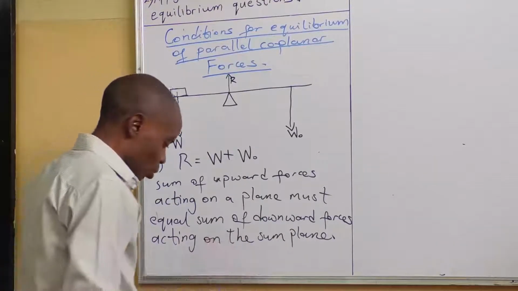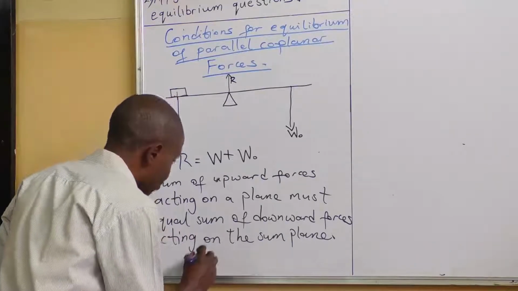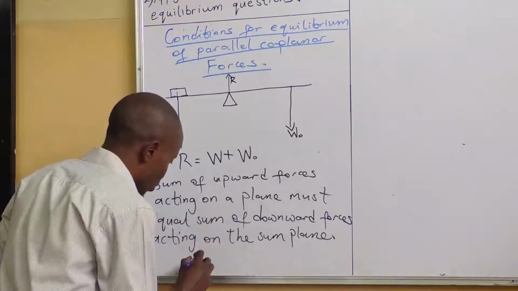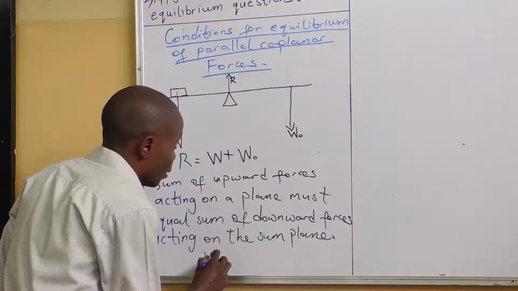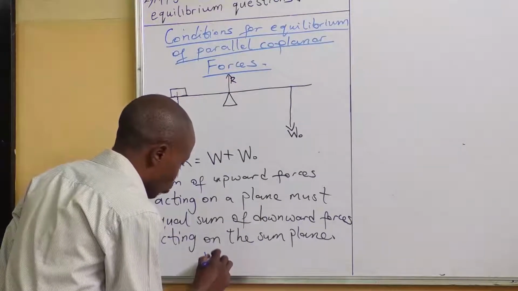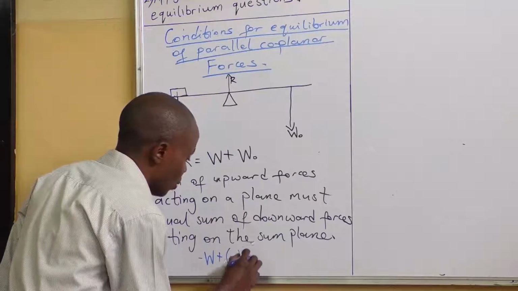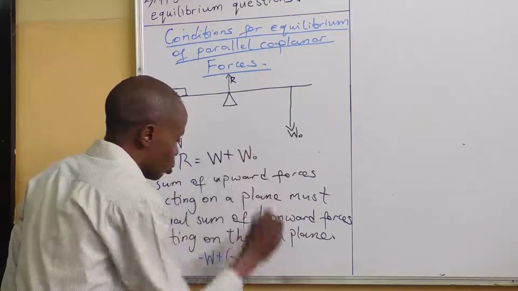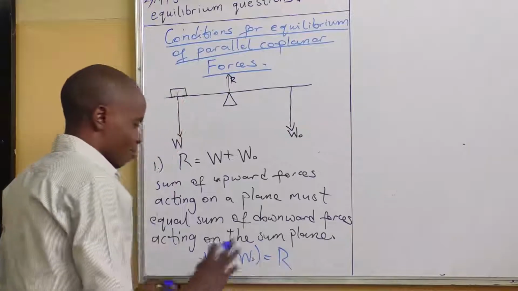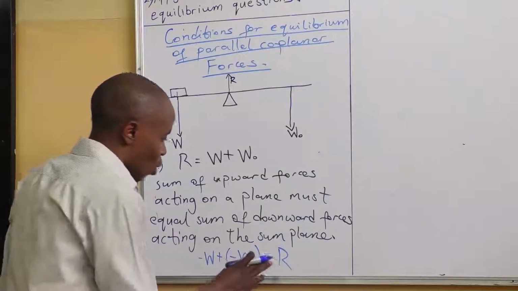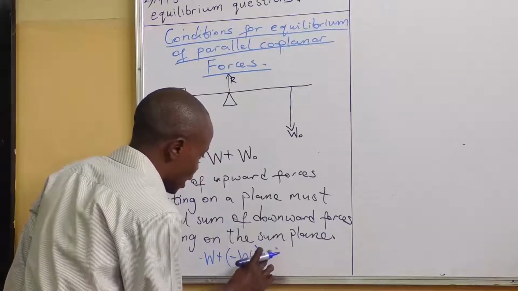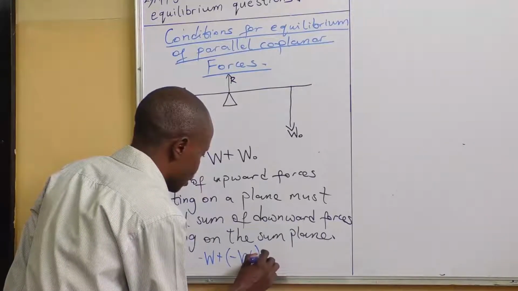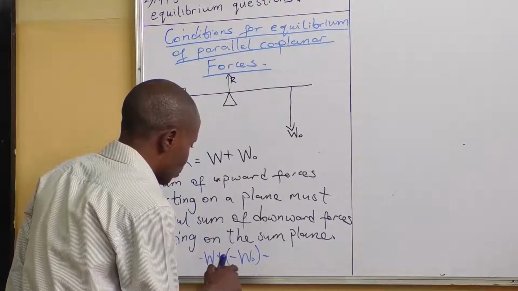So that should give us something like, let's say these are southern forces. So let's say minus W. This is also another southern force, so plus minus W naught should be equal to R in very simple terms. Or if you want to bring the R to the other side, then you could also write minus W plus minus W naught.